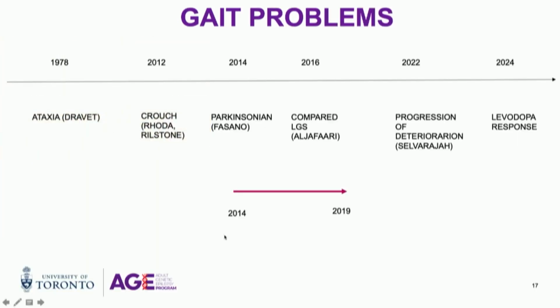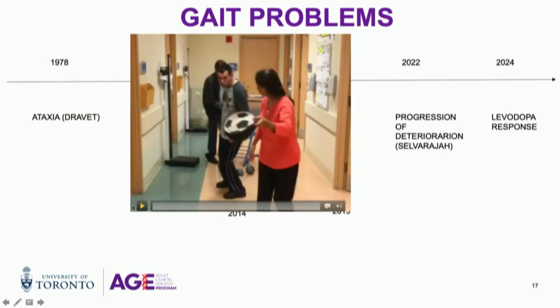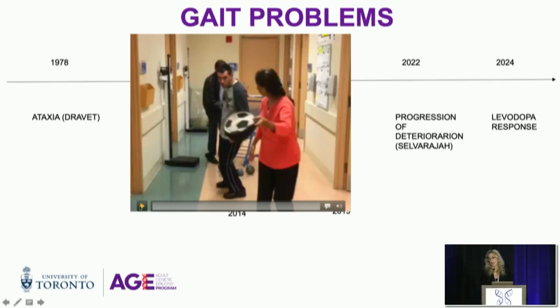Then we have the crouch gait. So the crouch gait you've seen, this is me trying to ice skate. When I put ice skates on, I will flex my hips, flex my knees, keep my feet apart, because that will lower my center of mass and will help me stay and not fall to the ground.